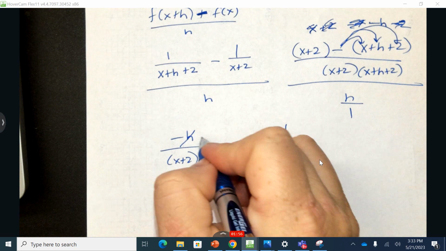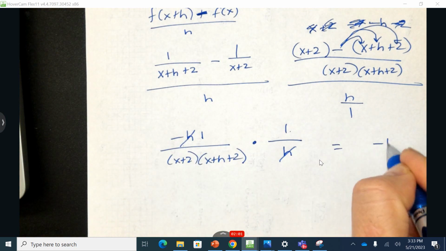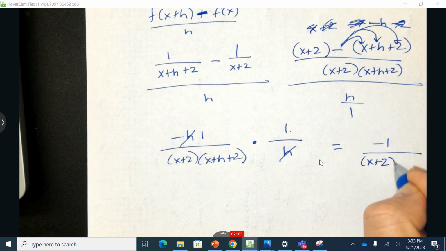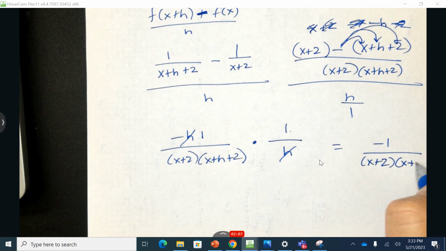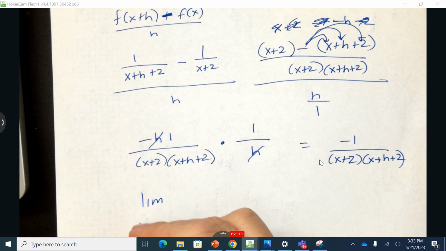Okay, these are going to simplify. So I have negative 1 times 1, so I have negative 1 on top, and on the bottom I have x plus 2 times x plus h plus 2. Now we want to evaluate this as the limit as h approaches 0.